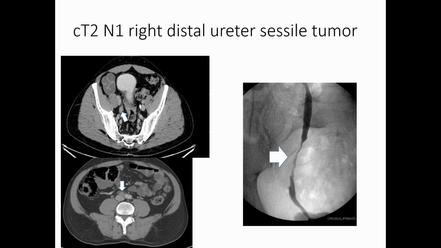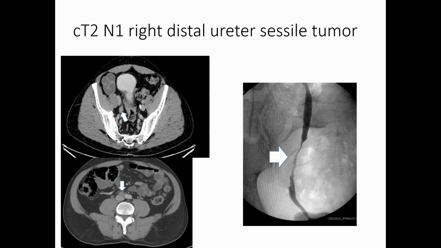The data isn't great because there aren't that many patients, but what we have shown in some lymph node mapping studies is that these distal ureter tumors actually do have primary lymph node metastases in the upper retroperitoneum as a first site of disease. This case highlights that situation. There are no pelvic lymph nodes at all. It's an observation that has been made repeatedly, and we're revisiting that data soon to publish it again.